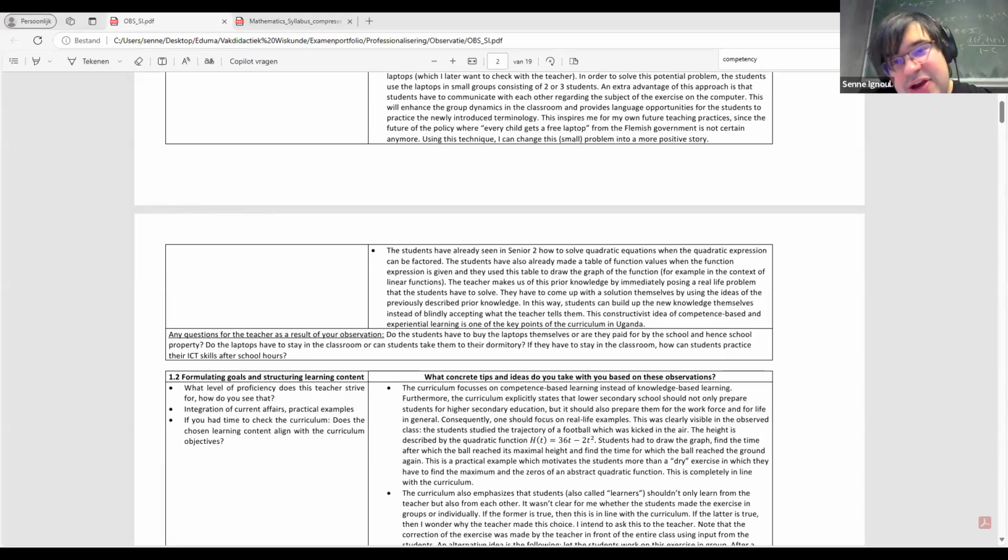Yeah, what I also found very interesting is in Flanders nowadays, there's also big political discussion about knowledge-based education and competency-based education. And somehow they say that competency-based education is very bad and we should go back to knowledge-based education. It's completely the other way around. So it's very interesting that your Ministry of Education say the complete opposites.